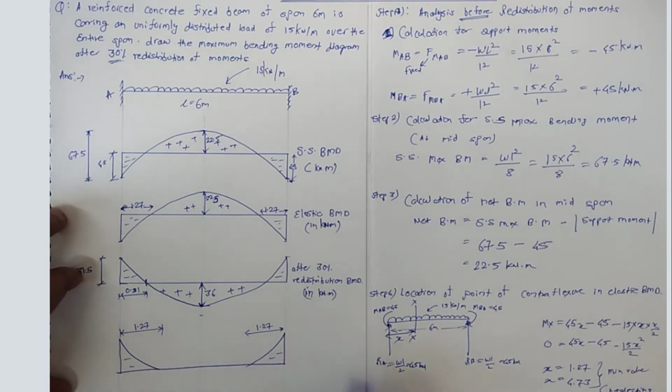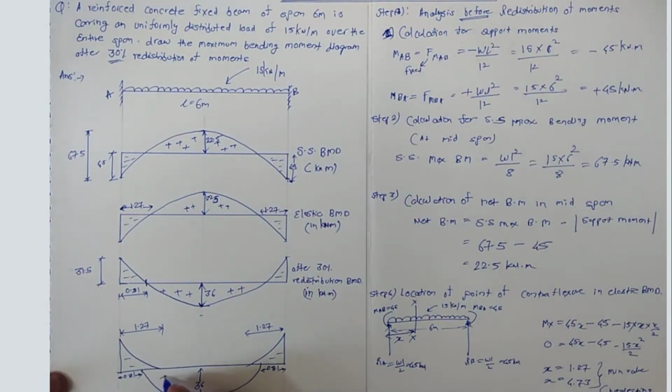Next, after the application of the moments, it is coming out to be 0.81, so it will lie somewhere here. So this will be the distance 0.81. And from this you have 36, then here 36. This is plus. So this way your final diagram will be done.